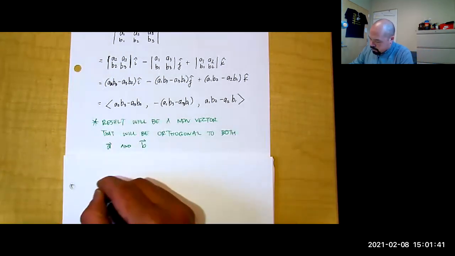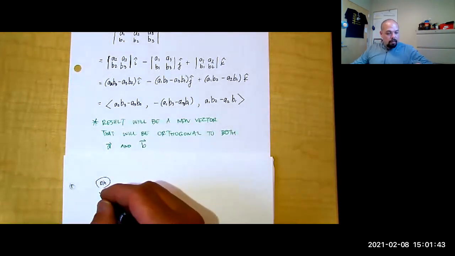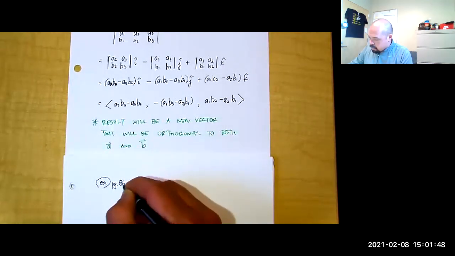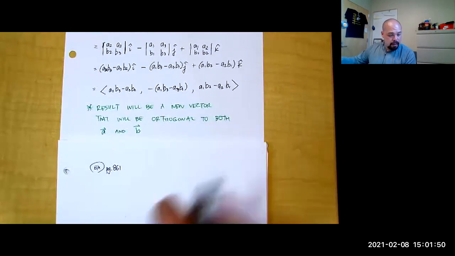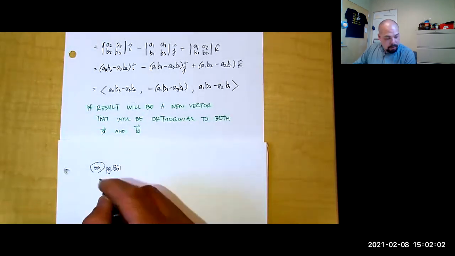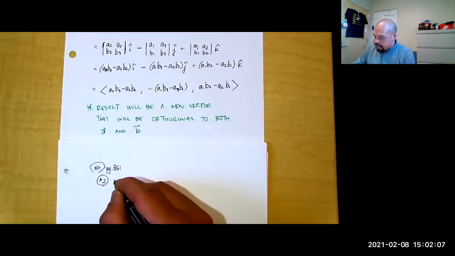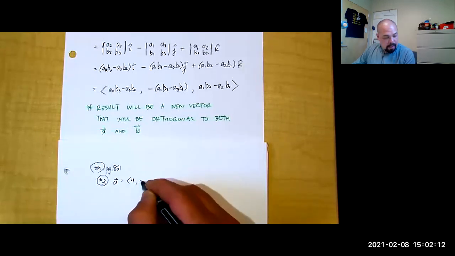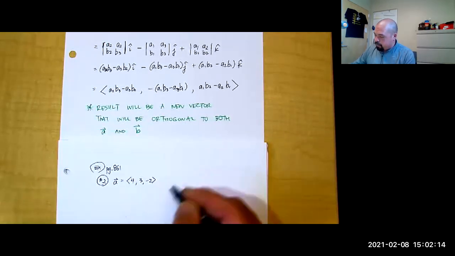So for example, let's go through one of these from the book, on page 861. Let's check out here. Something interesting, but too terrible to work on. Let's do number 2, I guess. So vector A is 4, 3, -2.